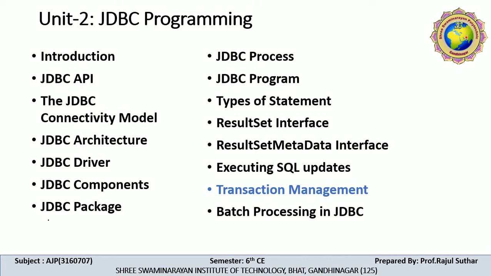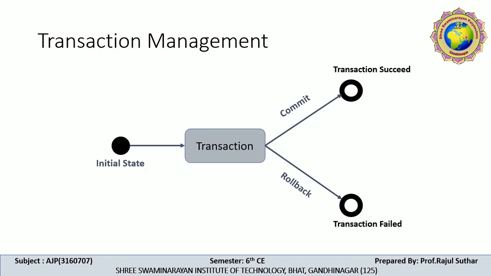So what do you mean by atomicity? Let me discuss transaction management one by one. In the figure, we start a transaction, that is the initial state, and the transaction performs. If the transaction is saved permanently, that is called commit.